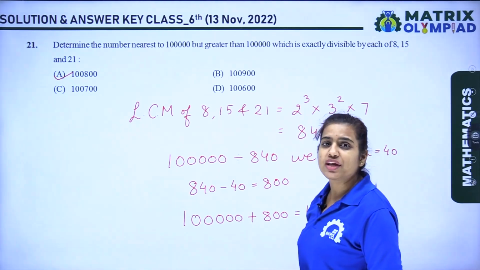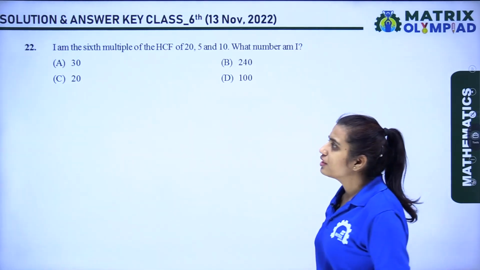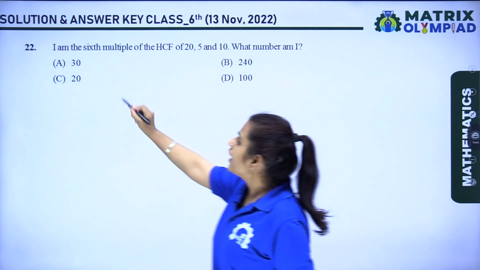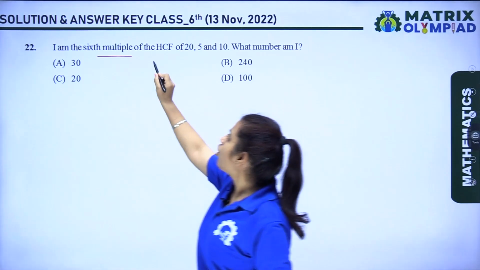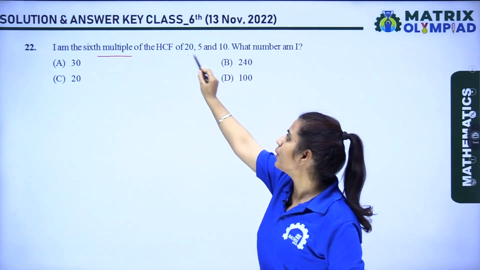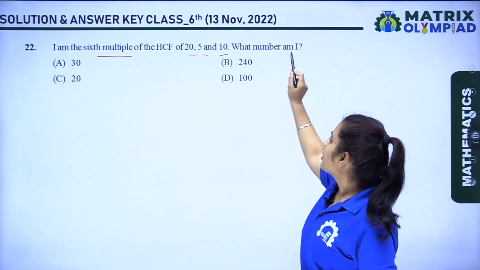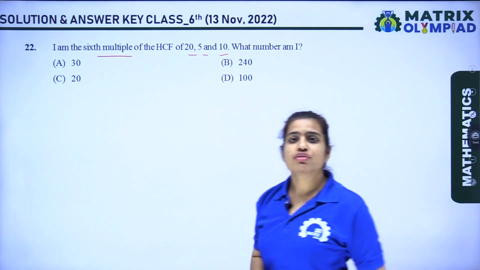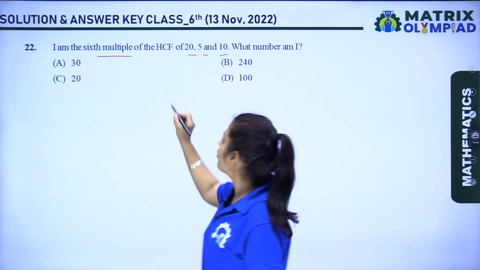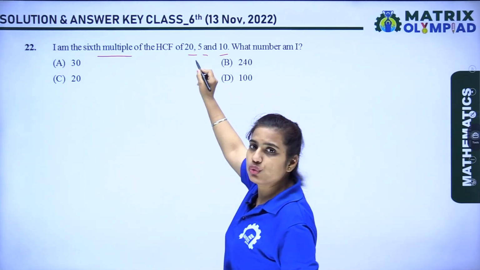Now, let's begin with the next question. Next question is, I am the sixth multiple of the HCF of 25 and 10. What number am I? Now, we have to find out the HCF of 25 and 10.